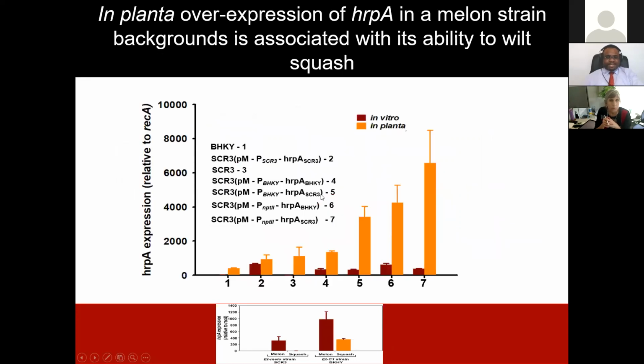We did an in planta expression profile of our constructs and found that overexpression of ErpA in the melon strain is associated with the observed ability to wilt squash. We did both in vitro and in planta assays. The red bars are the in vitro expression assay, and the orange bars are the in planta. We found that not only were these constructs able to wilt squash, but the level of ErpA expression within them was also higher in planta.